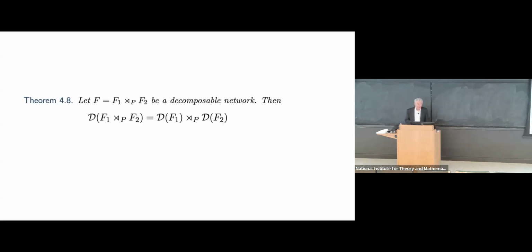And so here's a theorem that we have in this paper that I showed you that says that if I have a network and I can decompose it in the way that I just showed you, then what I get is that the limit cycles of the bigger system are a gluing of the limit cycles of the two smaller systems. So in other words, I analyze the dynamics of these two pieces separately, and I get the limit cycles of the two pieces.